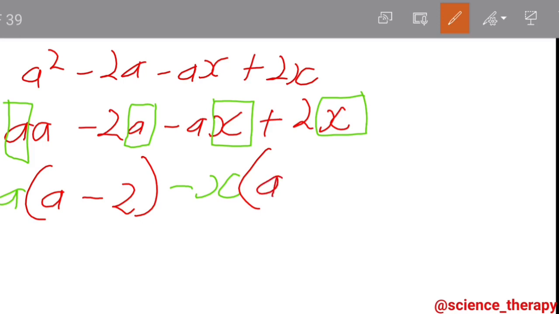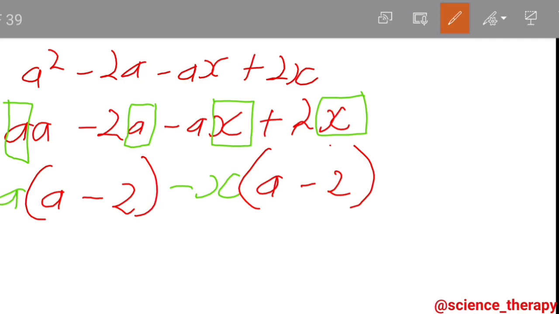But from here, if you factor out negative x, then you are left with negative 2. Remember, this is the same as saying 2x divided by negative x. So because we are factoring out a negative, the sign has to change in here to a negative. So that negative x times negative 2 can give you that positive 2x.